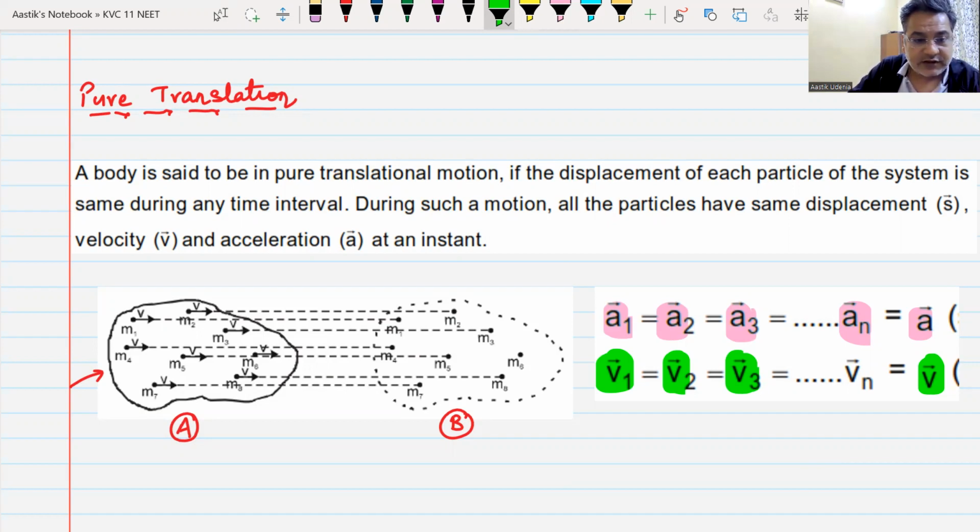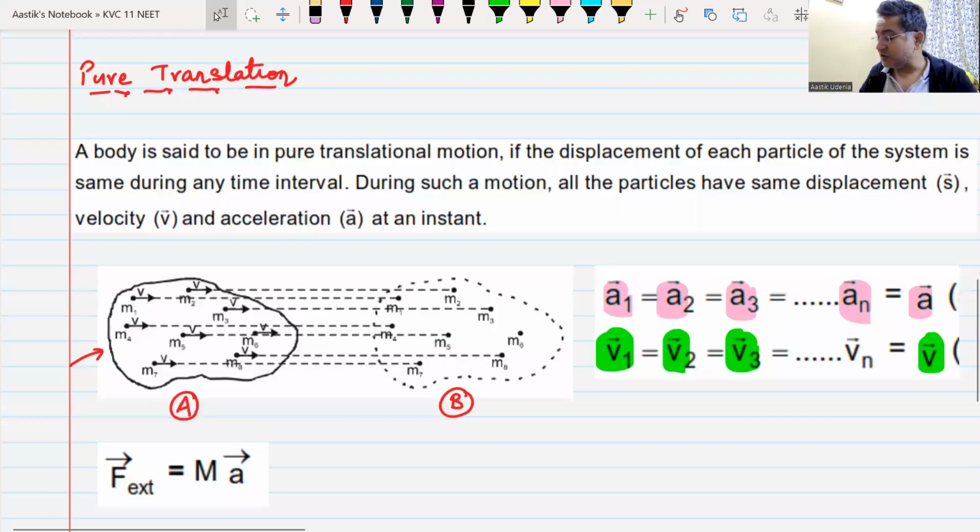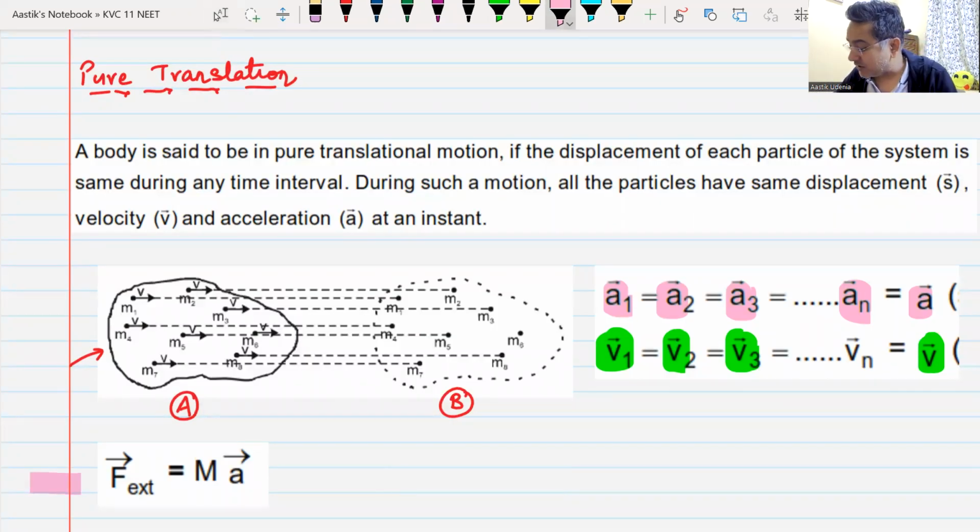Now, if you apply an external force on this body, it will have acceleration, and you can simply write F = ma for this body, where m becomes the total mass of this body and a becomes the total acceleration. You can call it translational acceleration, call it anything.